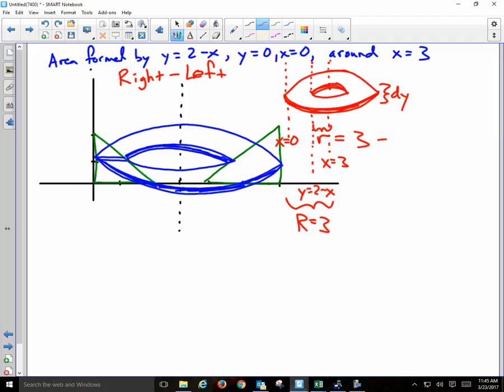But it needs to be in terms of y, doesn't it? So if we add the x over and subtract the y, we get x equals 2 minus y. So 3 minus (2 minus y) is what we have there. If I distribute the negative, I end up with y plus 1, right?